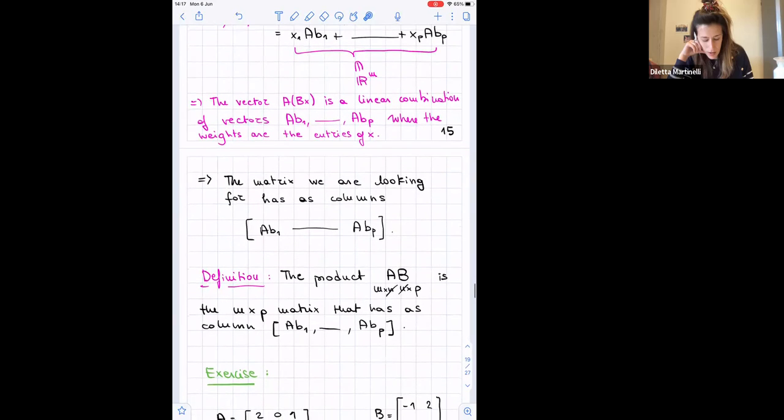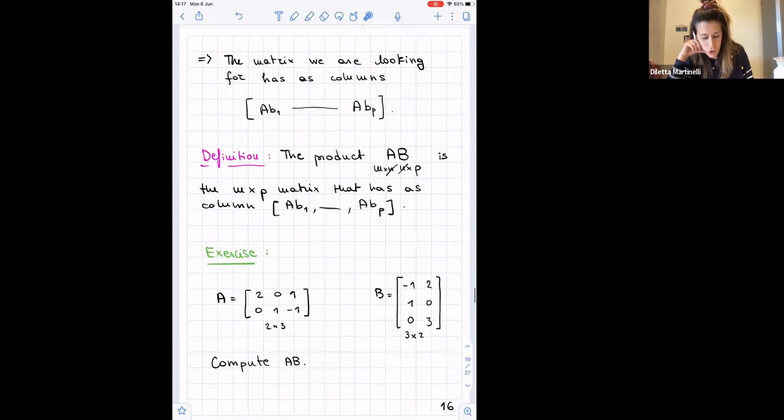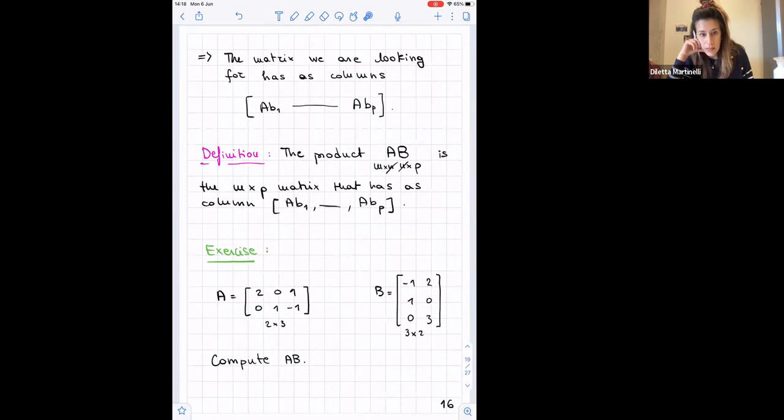Before going there, I'm not sure if for some people it's maybe the first time they see it, so could we just compute quickly the multiplication between these two matrices? You have A that is a 2 times 3 matrix and B that is a 3 times 2 matrix.